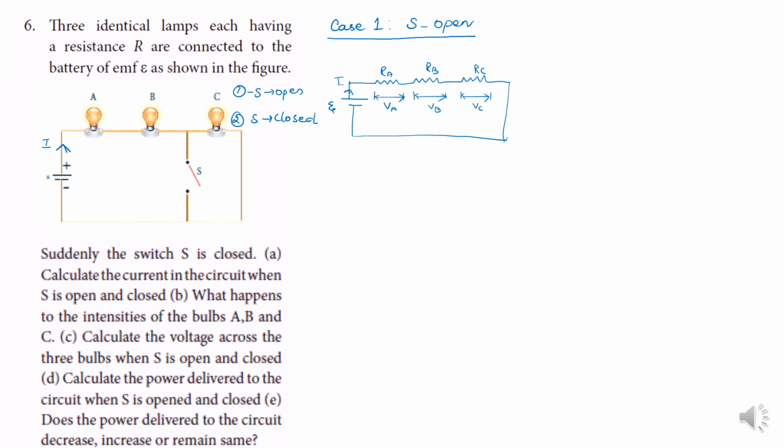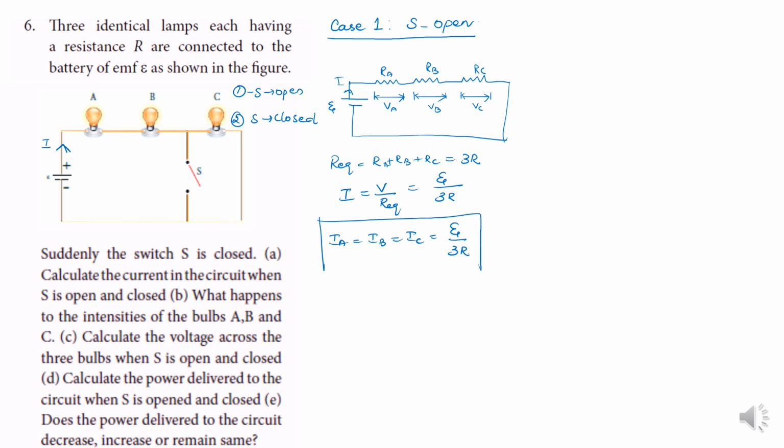For series connection, equivalent resistance R equivalent is equal to RA plus RB plus RC, which is equal to 3R. So current I is equal to V by R equivalent, V is epsilon, so epsilon by 3R. So IA is equal to IB is equal to IC is equal to epsilon by 3R. This is when the switch is kept open.